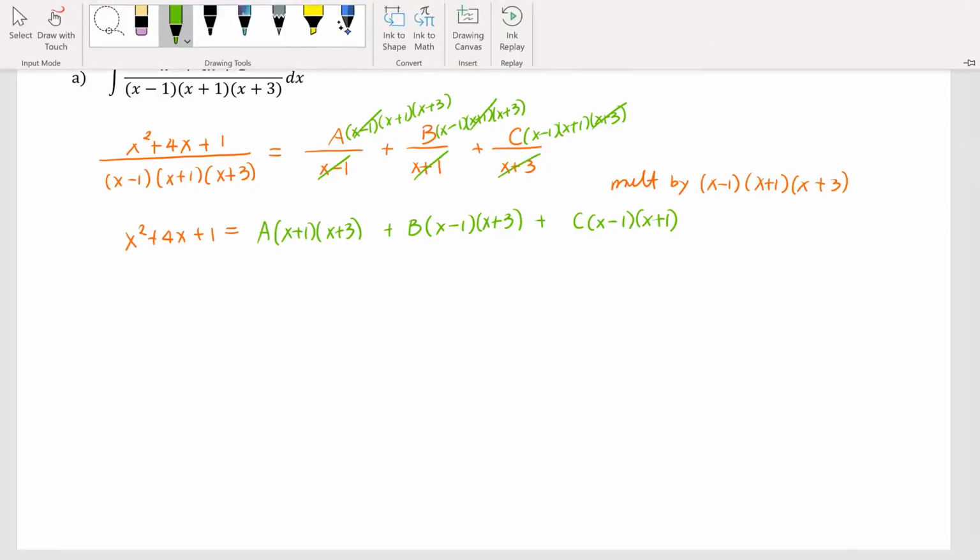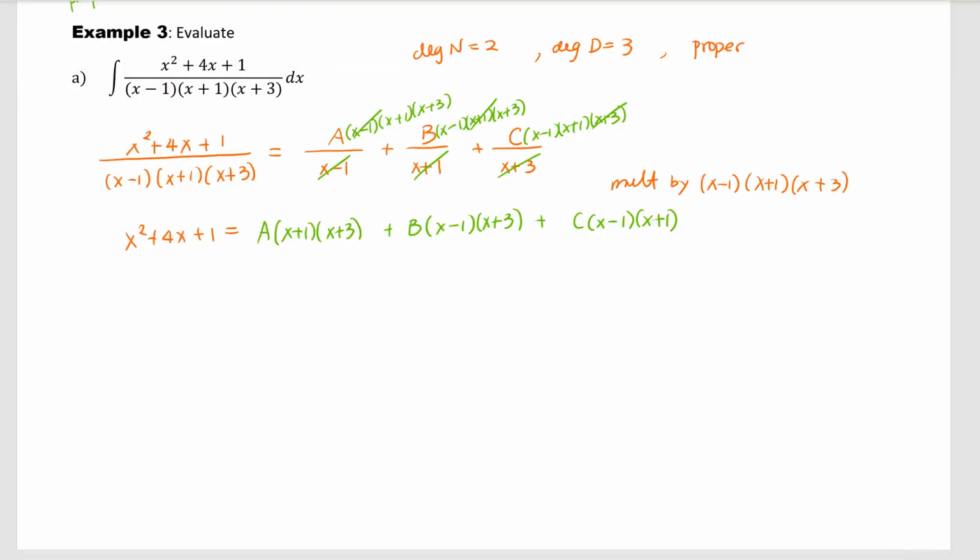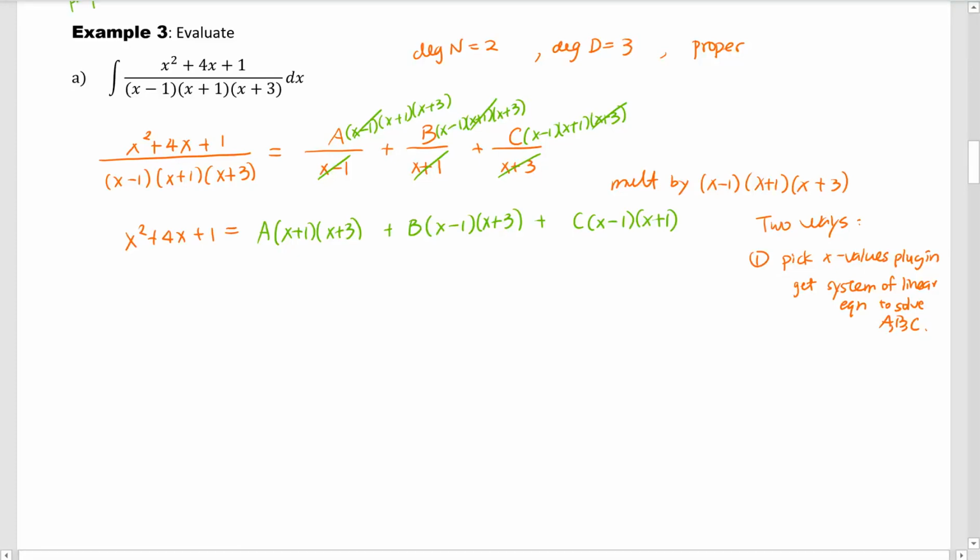Okay, so here there are 2 ways to solve the constants. The first way is, because this equation is true for all x, we pick some x values and plug in, and then we get systems of linear equations to solve the constants A, B, C. Here we have 3 unknowns, A, B, C, right?